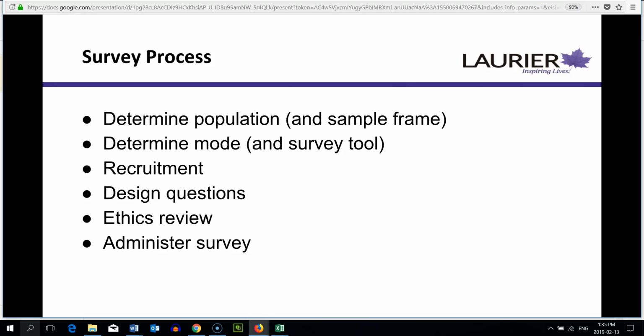A web survey may rule out some people, which may cause some sampling error, just like if you decide that your mode is going to be a landline telephone survey, that's going to cause some sampling error. Then recruitment: how are you going to get these people to participate? This is a challenge. It's a challenge to get people to complete surveys.